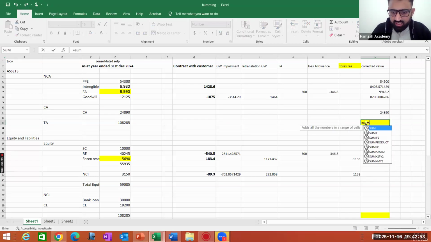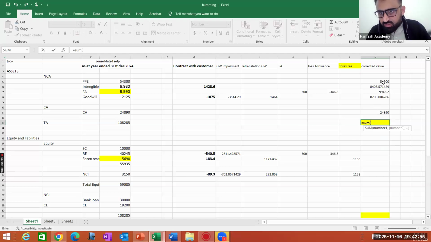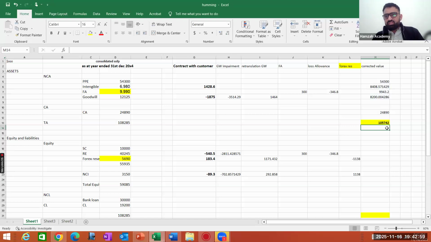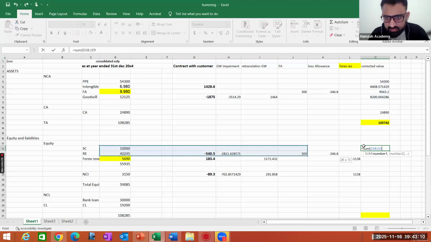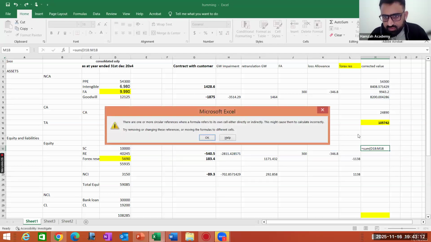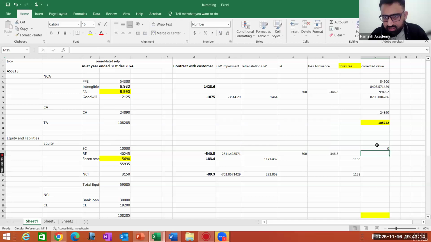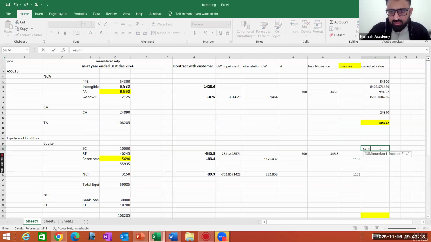And the total assets are now 105,742. Similarly, there is no change in the share capital. So it will be 10,000.